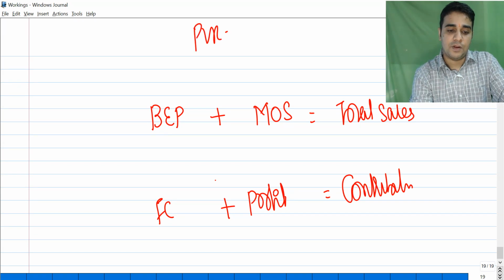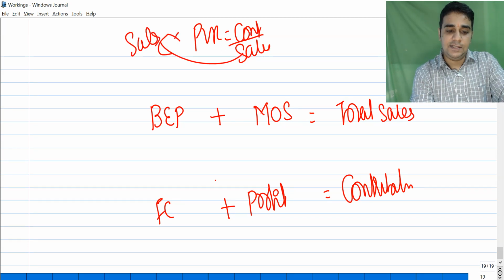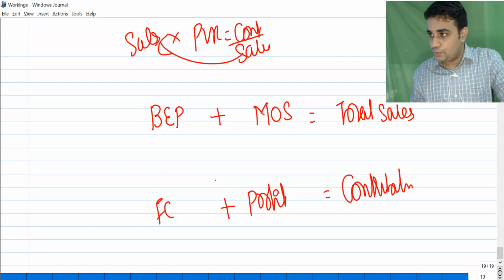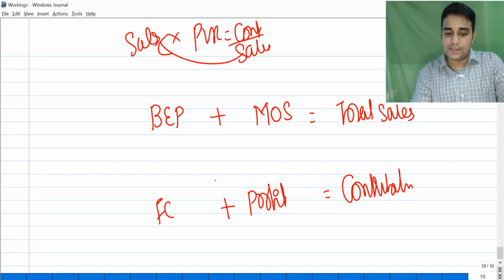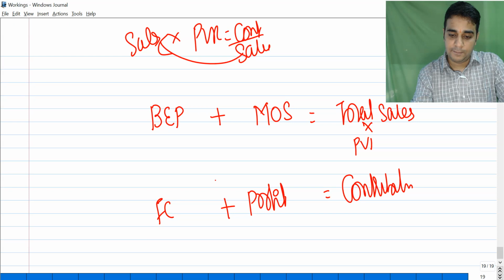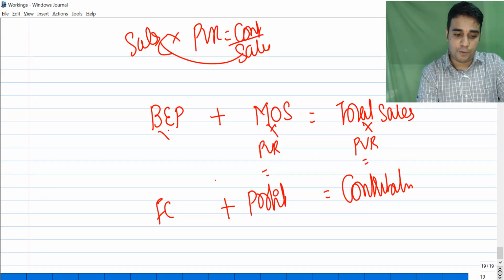PVR is contribution by sales. Sales goes this side. Sales into PVR is contribution. So listen, total sales into PVR equals contribution, margin of safety into PVR equals profit, BEP into PVR equals fixed cost.